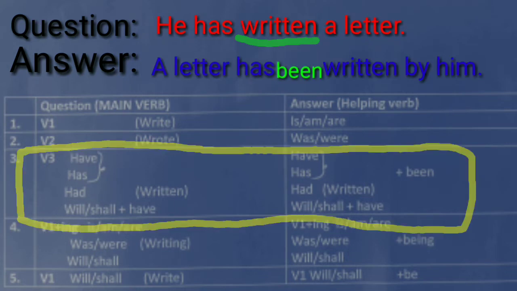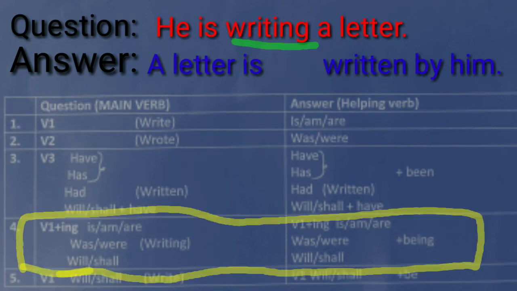If you have the V3 form of the verb, like written, with have, has, had, will or shall plus have in the question, then in the passive voice you will have have, has, had, will or shall plus have plus been.